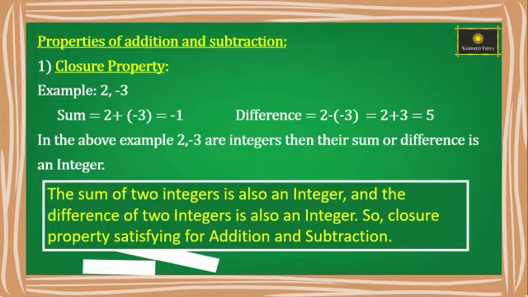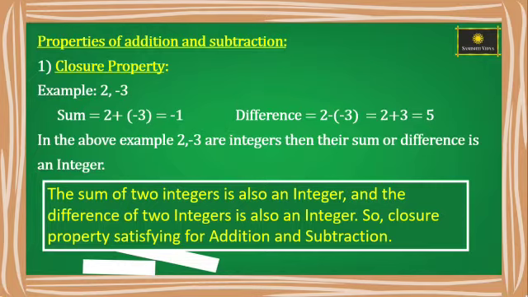Here, absolute value of 2 is 2. Absolute value of minus 3 is 3. Difference is 3 minus 2, that is 1. The sign of greater absolute value is minus. So, 2 plus minus 3 is equal to minus 1.